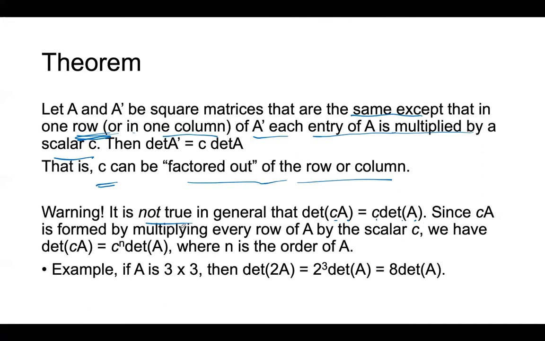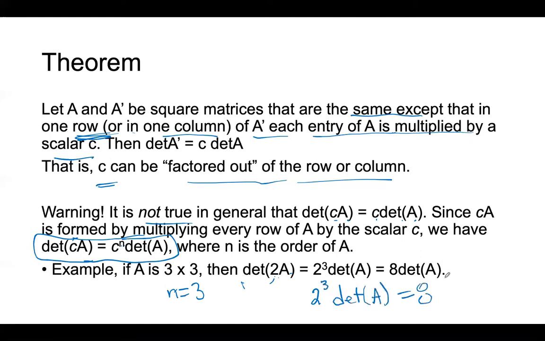Since CA is formed by multiplying every row of A by the scalar C, we actually have that the determinant of CA is equal to C to the exponent n times the determinant of A. So if A is a 3 by 3 matrix, so n in this case is 3, the determinant of 2A is equal to 2 to the exponent 3 times this determinant.